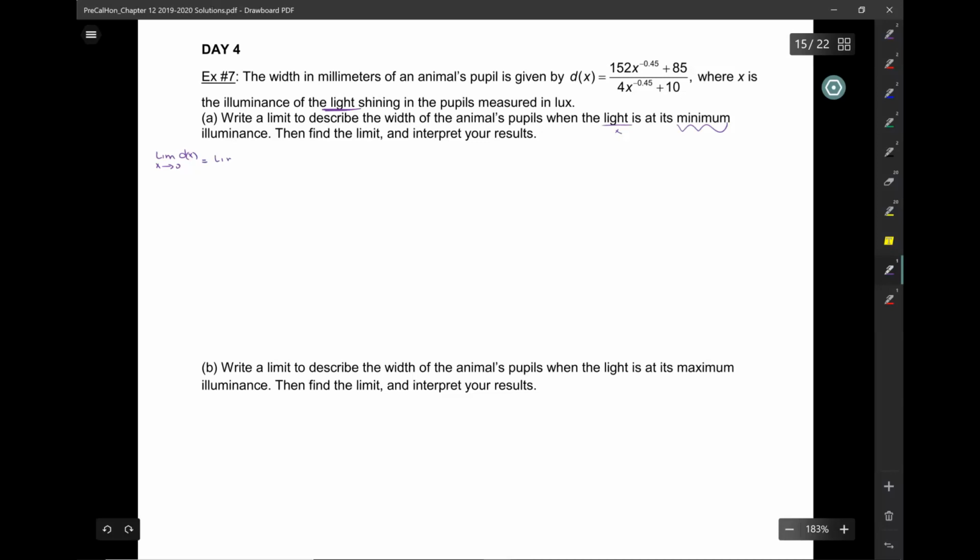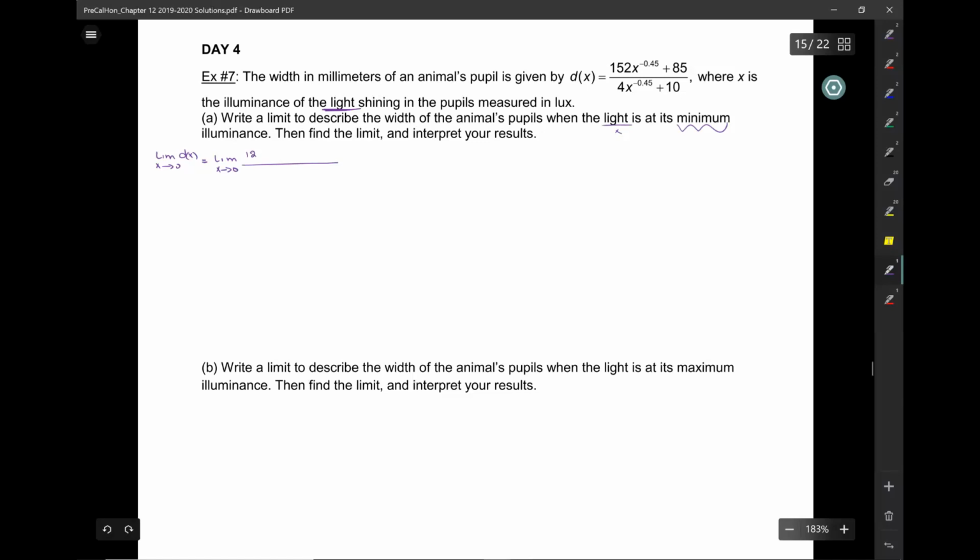So this is the limit as x approaches 0. As the light x is at its minimum, x is approaching 0, because what's the lowest amount of light there is? There is no light. So the limit as x approaches 0 of that mess of a formula right there.